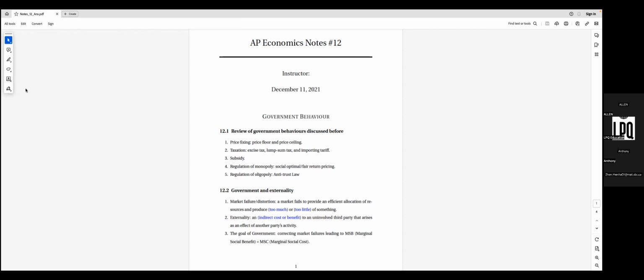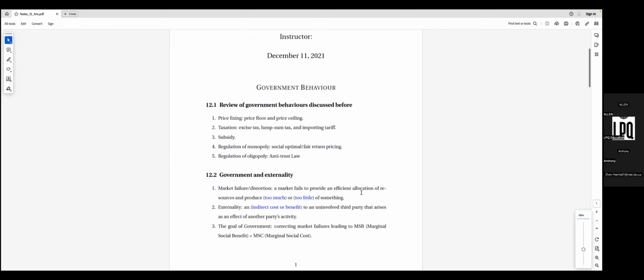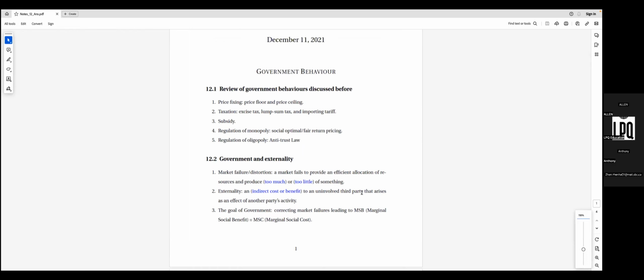From 8 to 10, it's about 4 different market structures: perfect competition, monopoly, oligopoly, and monopolistic competition. Notes 11 is about the labor market, the resource market.